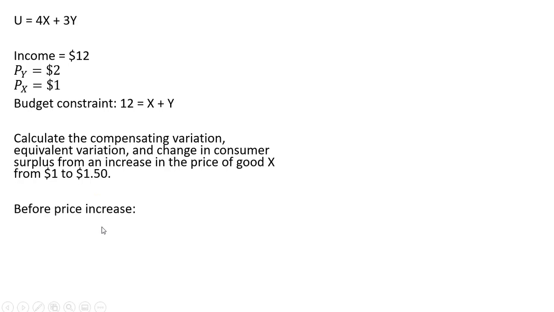Before the price increase, the marginal utility of good X divided by the price of good X exceeds the marginal utility per dollar of good Y. The marginal utility of good X is just the coefficient on X, that's 4. Dividing it by 1, the price of good X, that will exceed the marginal utility of good Y divided by the price of good Y. So in this case, the consumer will buy nothing but good X because it provides more marginal utility per dollar.